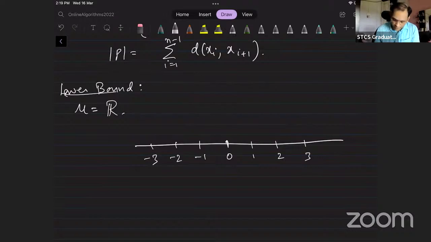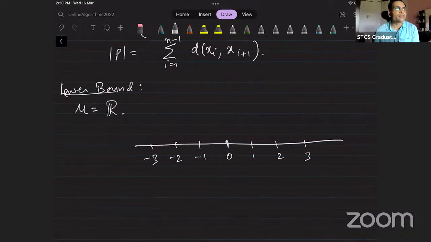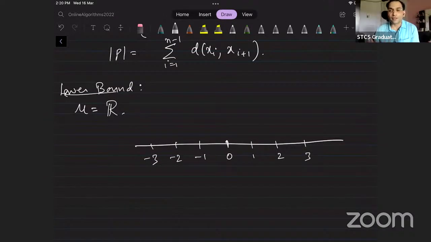OPT can visit in any order, right? Wait, OPT also has to wait for them to be revealed, or it can visit them anytime it likes? No. The same restrictions remain for every algorithm.